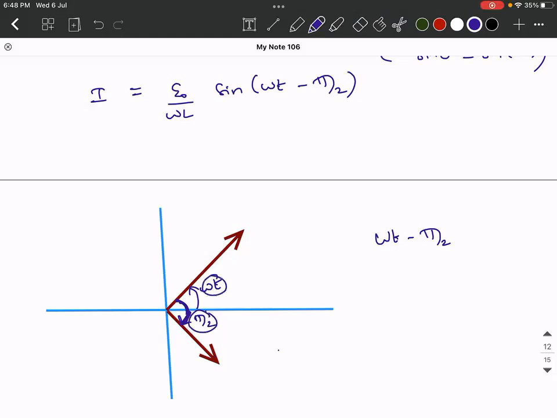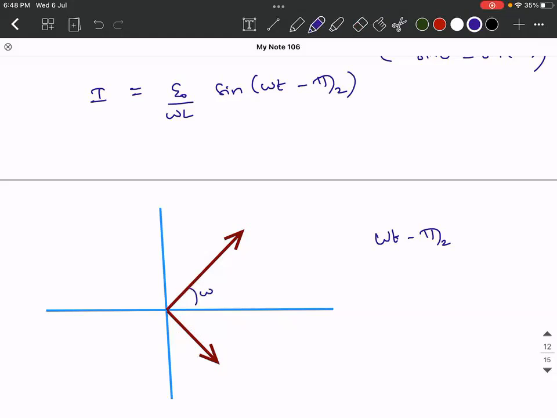So out of pi by 2, omega t is gone. So how much will this angle be? Pi by 2 minus omega t. But this is happening in the negative direction. So that is why I wrote it as omega t minus pi by 2. Makes sense? Forget about the directions.